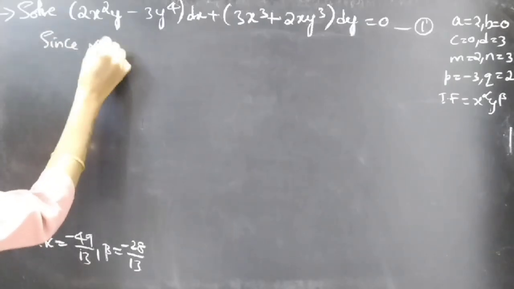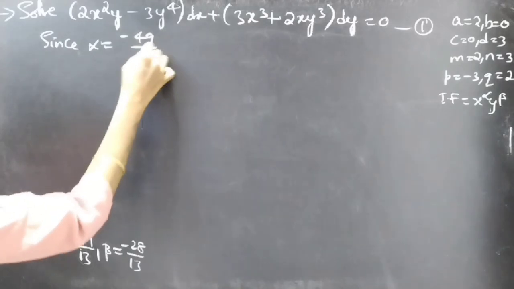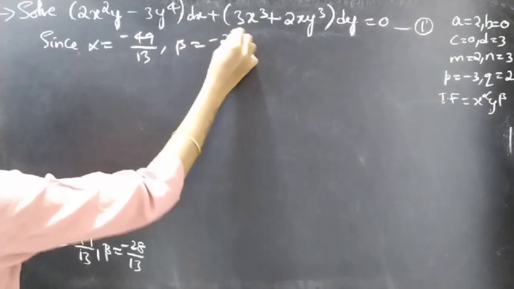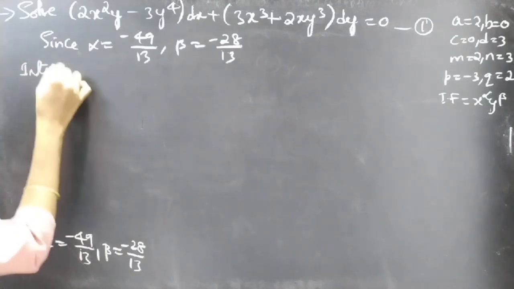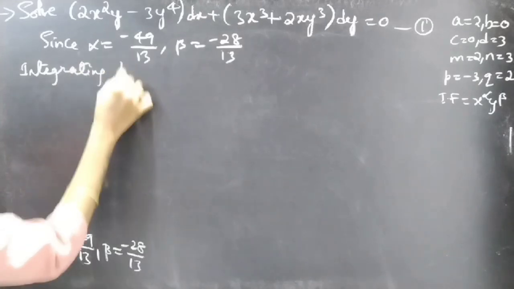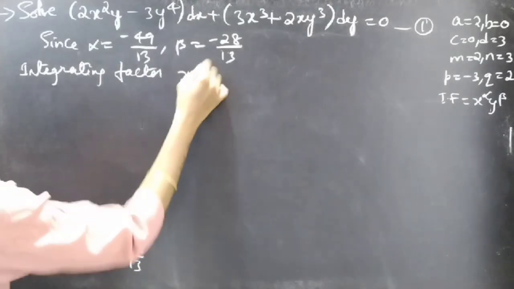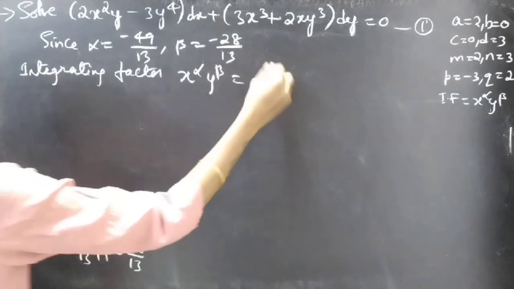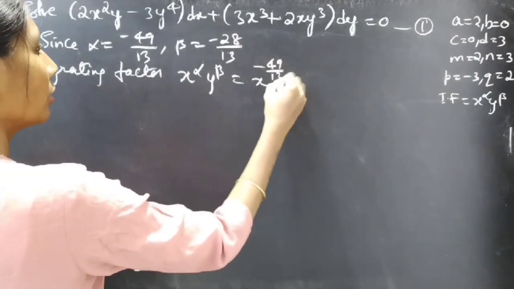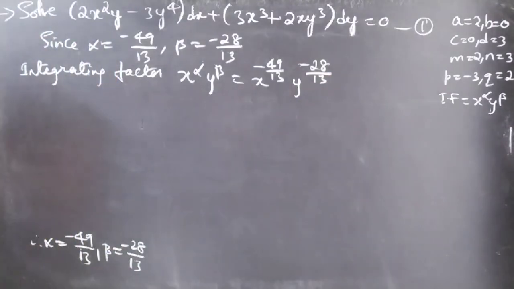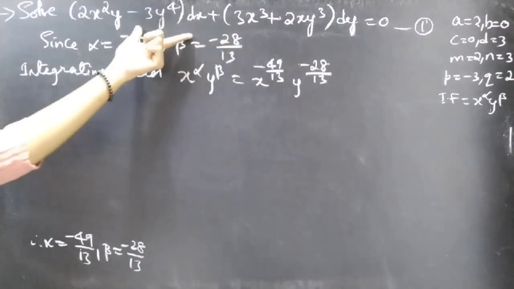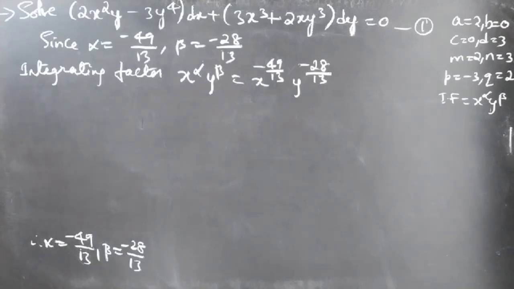Since alpha equal to minus 49 by 13 and beta equal to minus 28 by 13, the integrating factor becomes x power minus 49 by 13 into y power minus 28 by 13. By multiplying this integrating factor to the given equation, the given equation can be reduced to an exact equation. So let's see that.